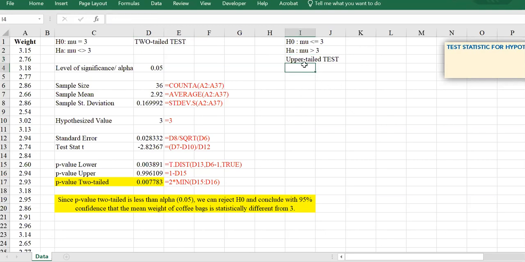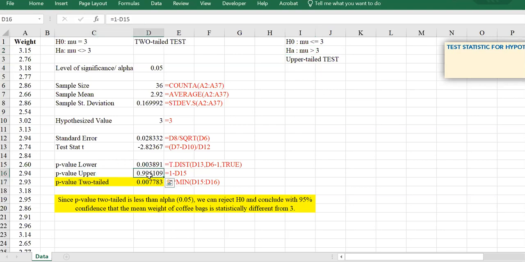All these steps are the same. In the conclusion step, in order to make the conclusion, you shouldn't look at the p-value two-tailed anymore. You should look at the p-value upper-tailed.